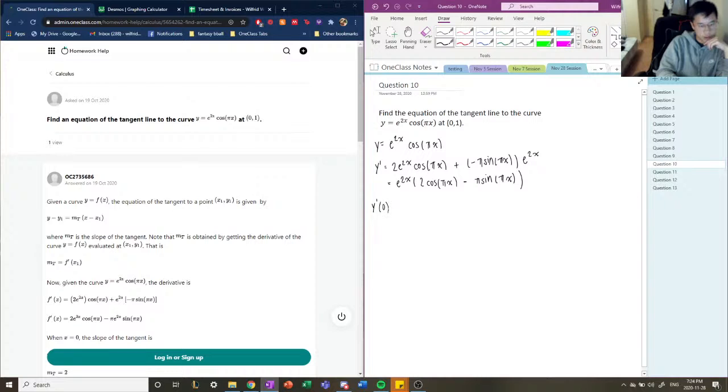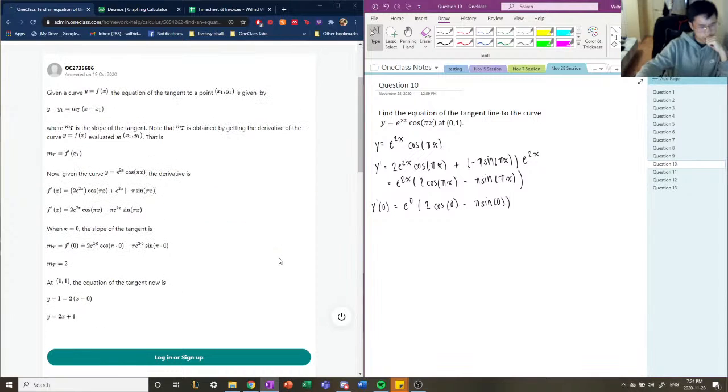So y prime of 0 is equal to e to the 0 times (2 cos 0 minus pi sine 0). Okay, so sorry about that, I forgot my 2 here. Oh, my 2 is here. Okay, so e to the 0 is just 1. Any number to the power of 0 is equal to 1. Cos of 0 is equal to 1, so it's equal to 2, and this equals 0, so we get 2. So we now know that the slope of our tangent line is 2.